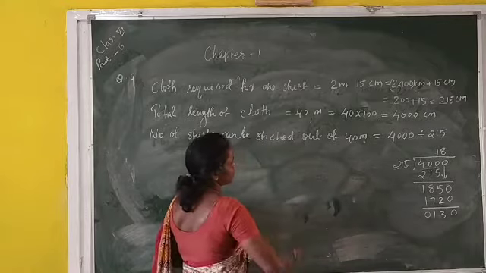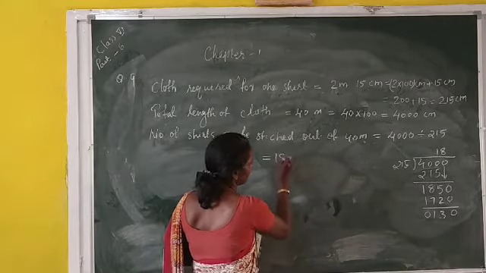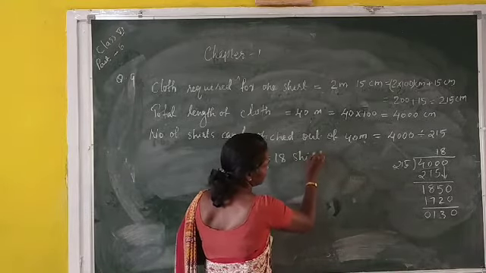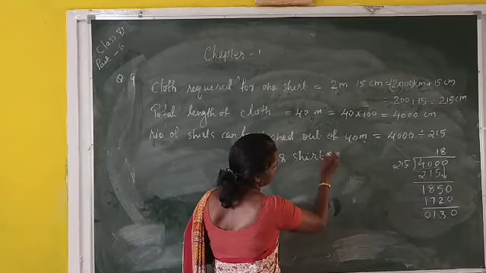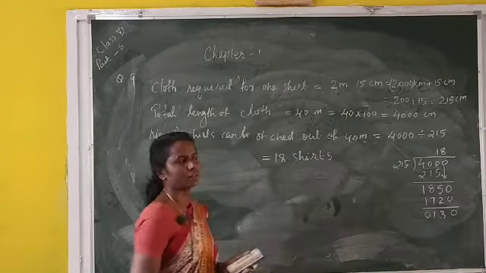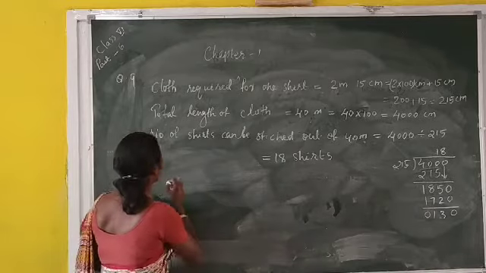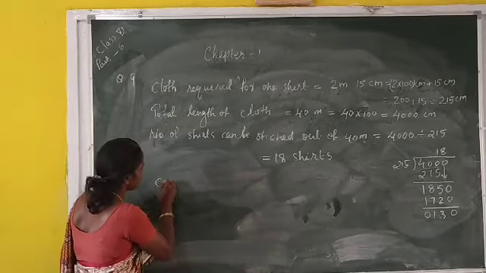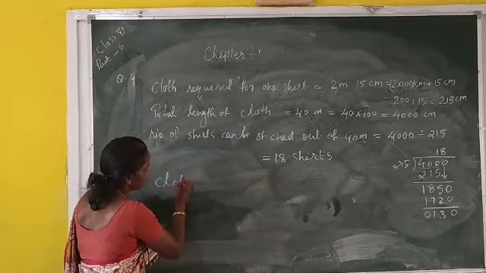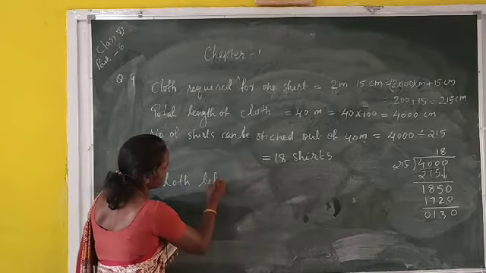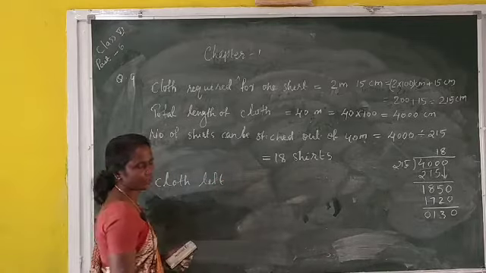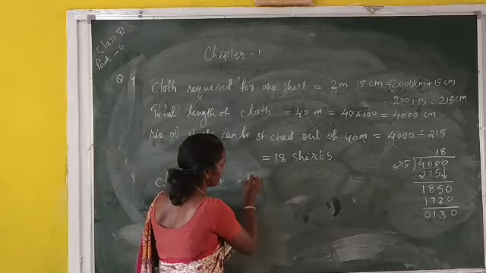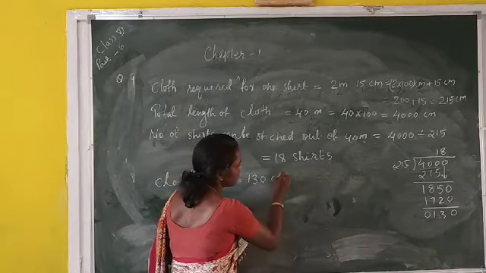Then is equal to, we can write 18 shirts. And cloth left. How many meter cloth left? Cloth left is equal to 130 centimeter cloth.